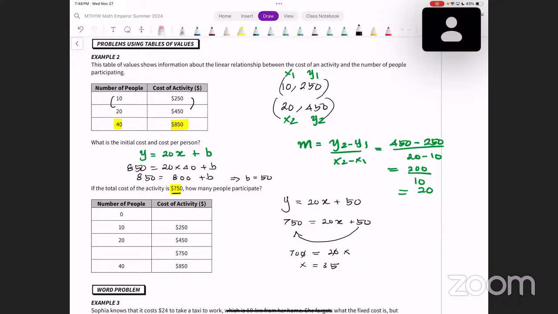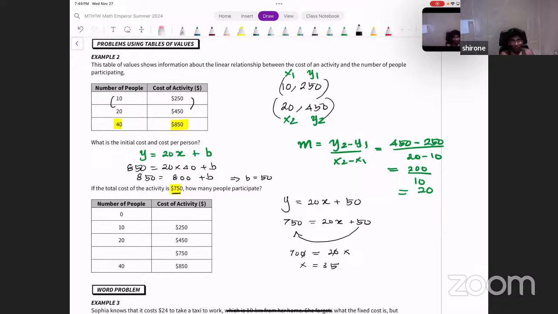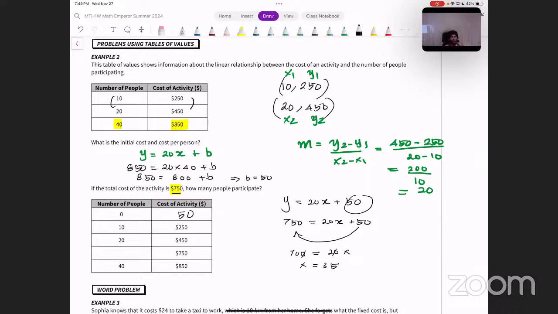Now, we find out how much is 0. 0 is going to be 50, isn't it? And 750 is 35 people. So they asked to fill out a chart.